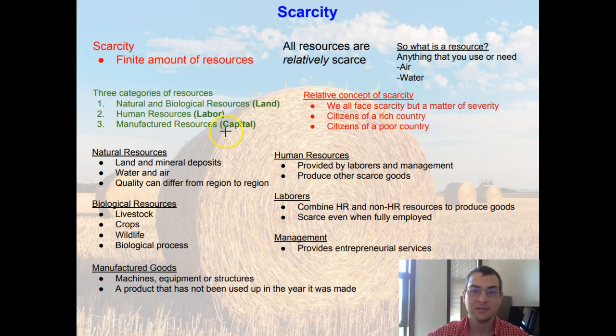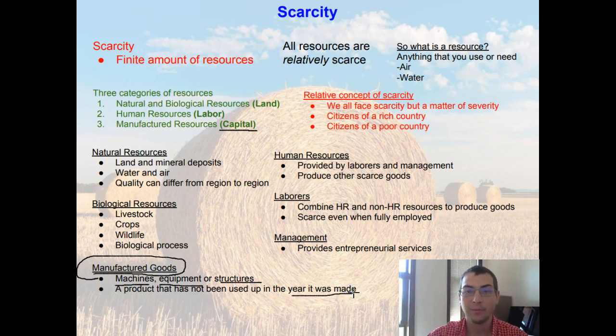So under our last segment of resources, of our different types of resources, we have capital, also known as manufactured goods. Manufactured goods are those goods such as machines, equipment, and structures, or any product that has not been used up in the year it was made. So think about hay.